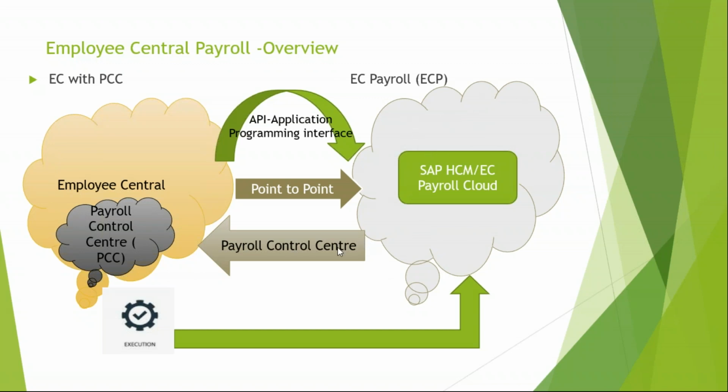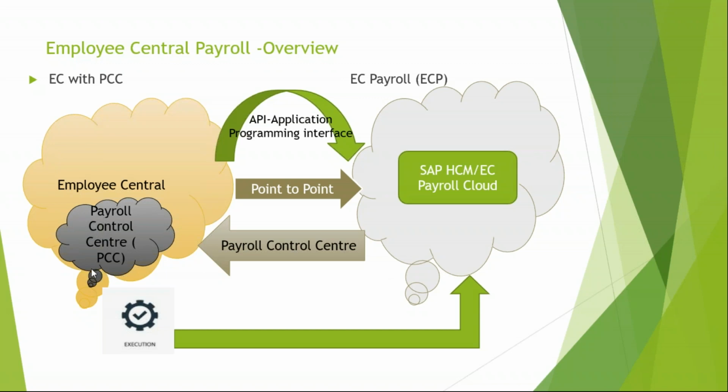To execute that data in ECP, they brought a new concept called payroll control center. In this payroll control center, you will have a button here, but the execution will be done elsewhere. Same like a job run: you are executing a job in one place and seeing the results somewhere else.